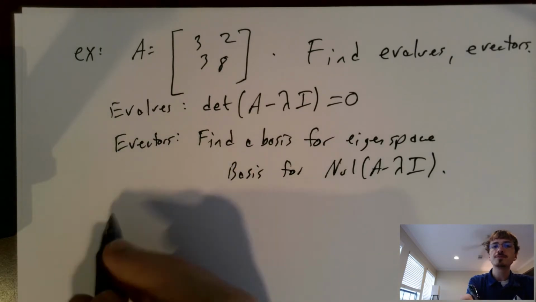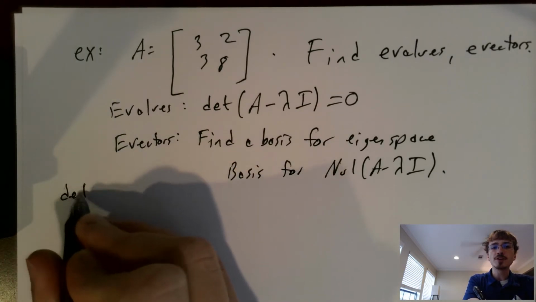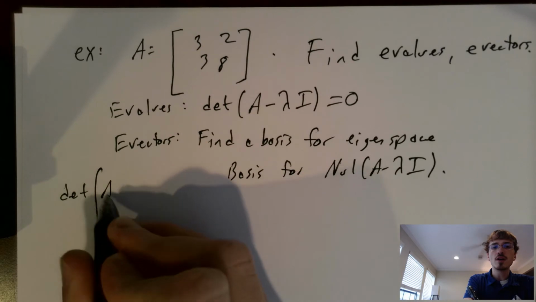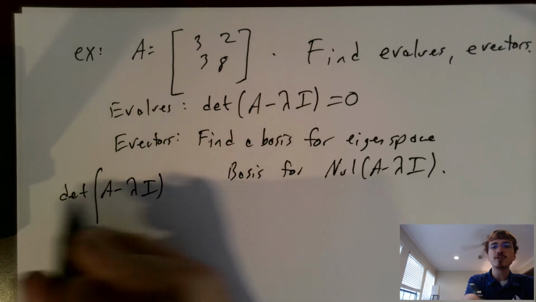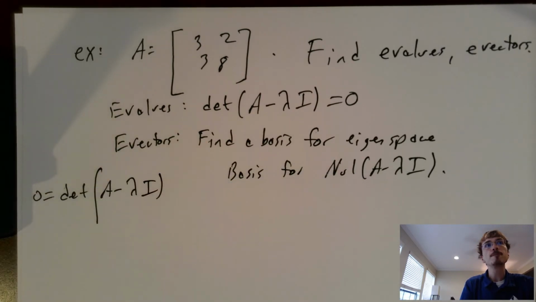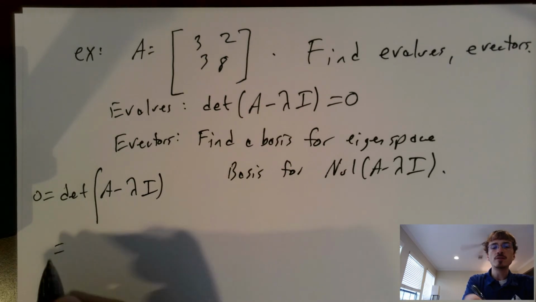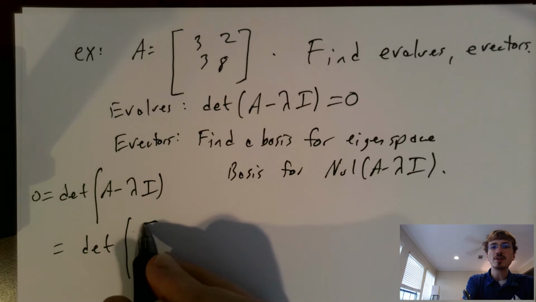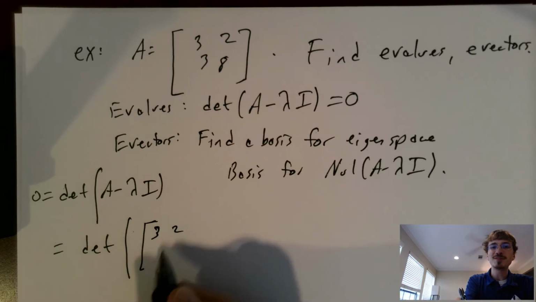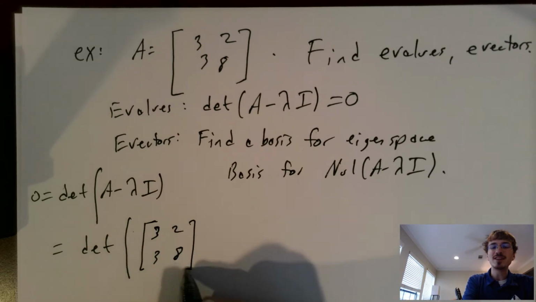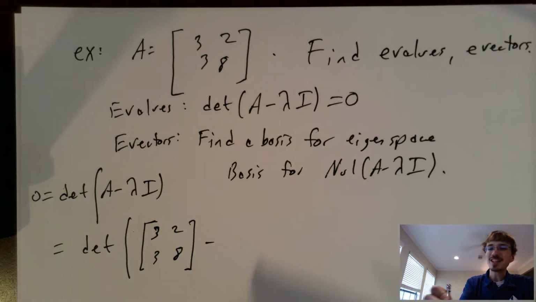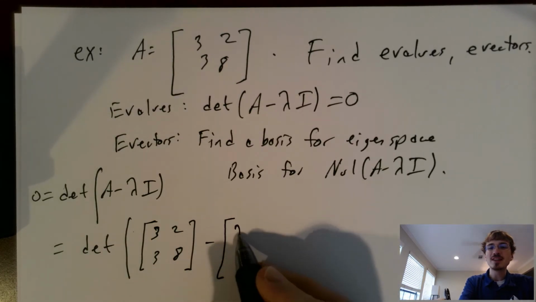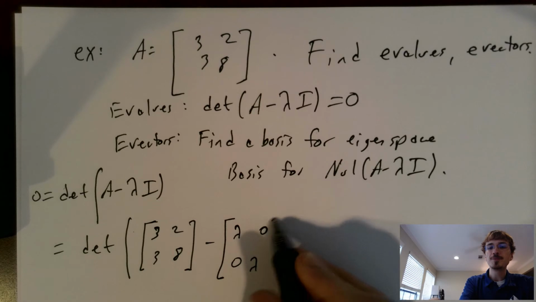Let's compute. What is the determinant of A minus lambda I? And this will be equal to 0. Well, it's the determinant of, and I'll write it out just for fun. I'll probably never do this again, but we'll write out exactly what it is. Here's A. What's lambda times the identity? It's lambda 0, 0, lambda.